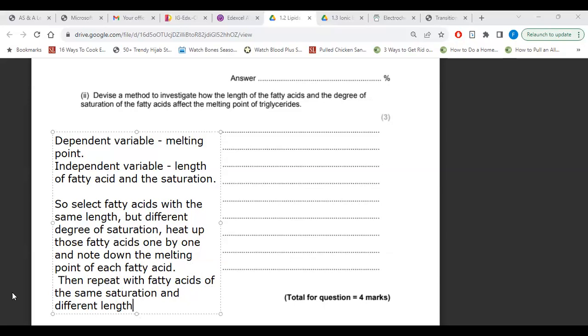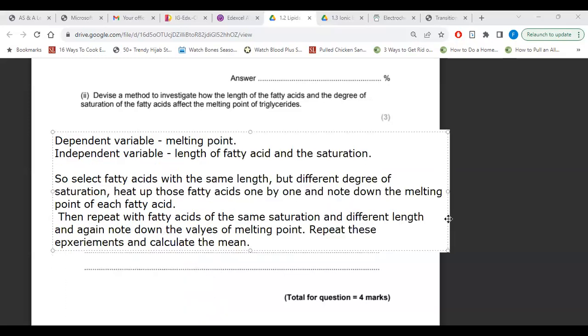And again, note down the values of melting point. Repeat these experiments and calculate the mean. So you will repeat the experiments, calculate the average value, and you are done.